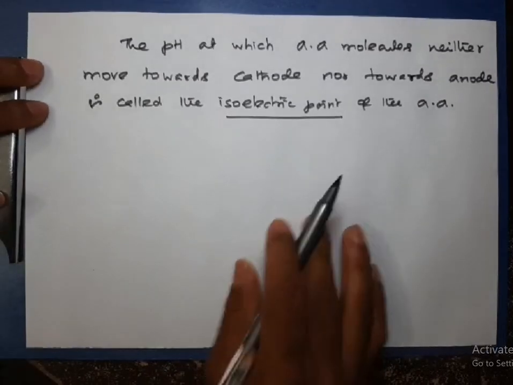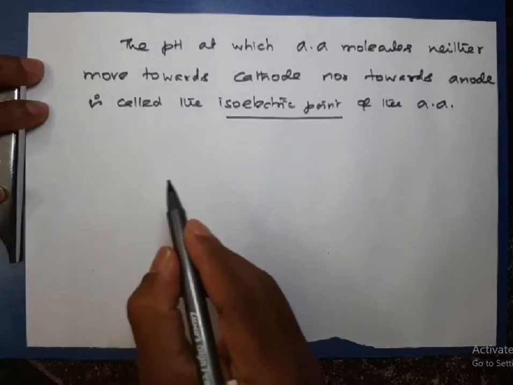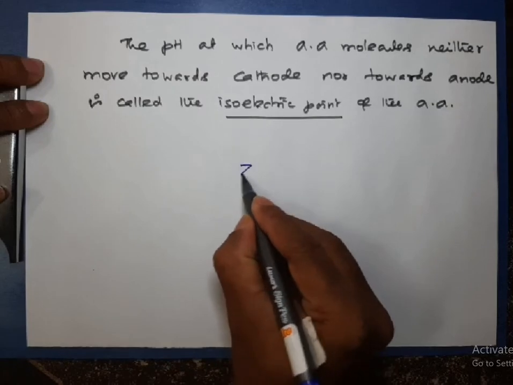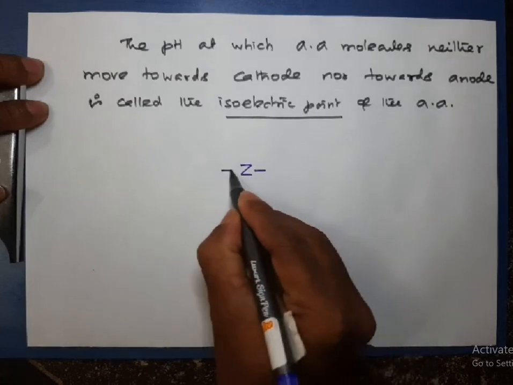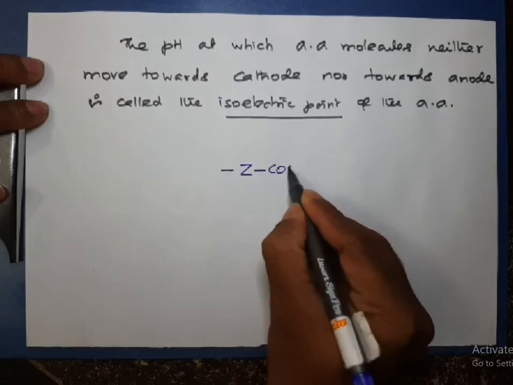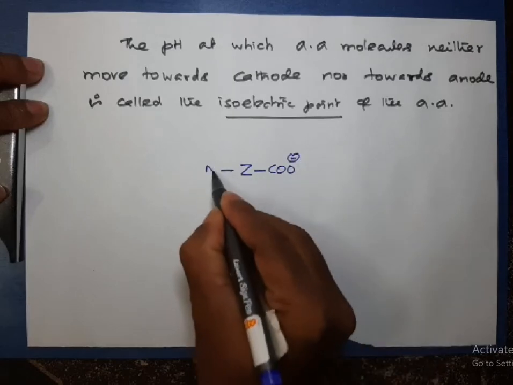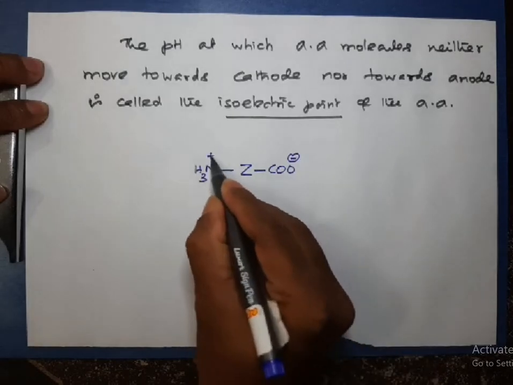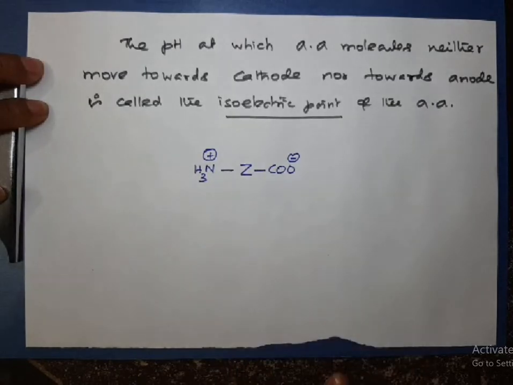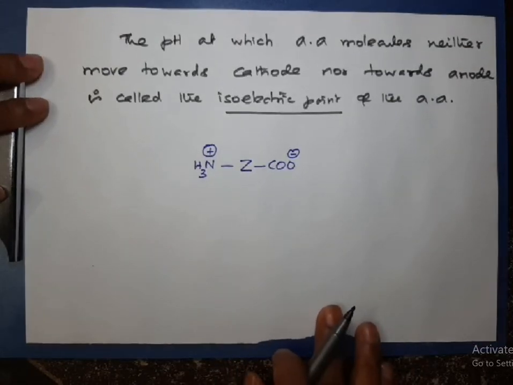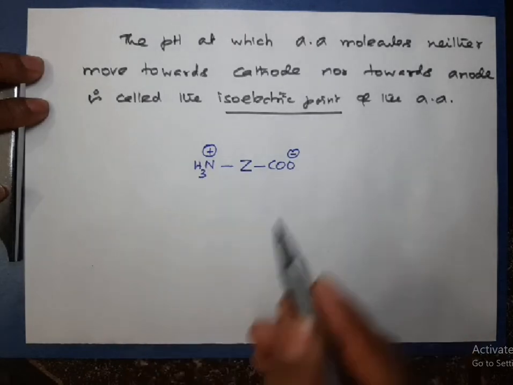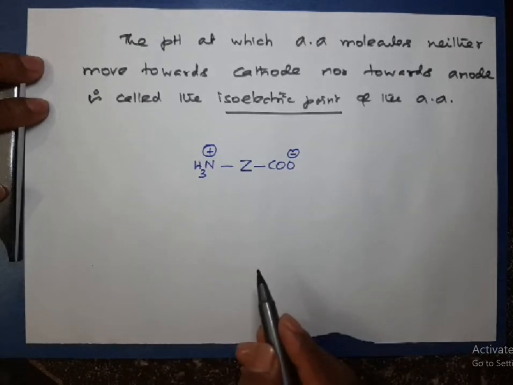Okay, now listen. How to calculate this? Suppose I take the dipolar ionic form of the amino acid first. Students, observe carefully. If I add H plus, what will happen?